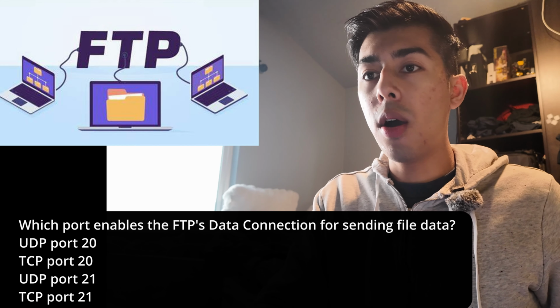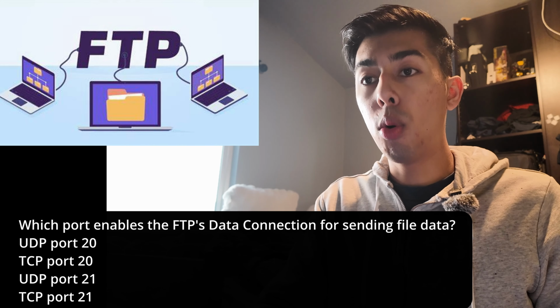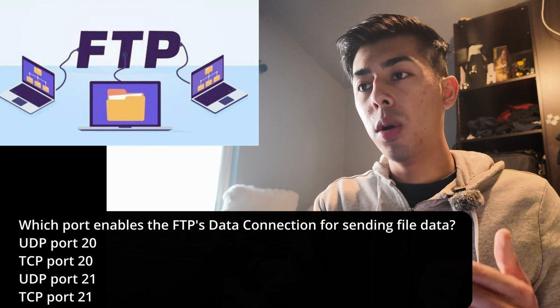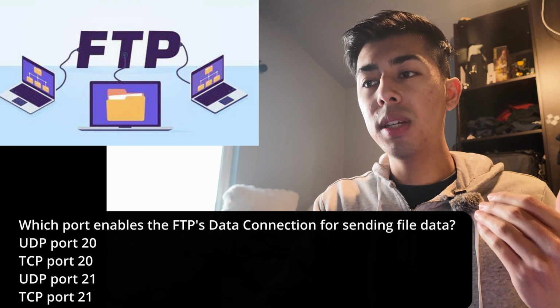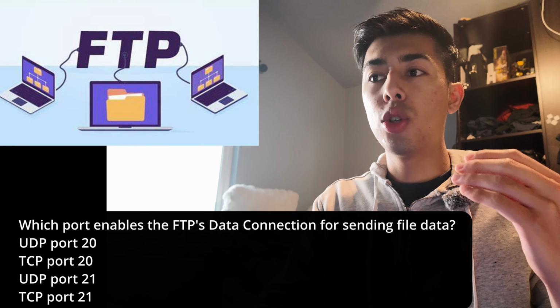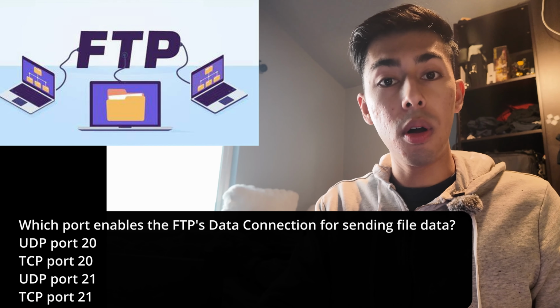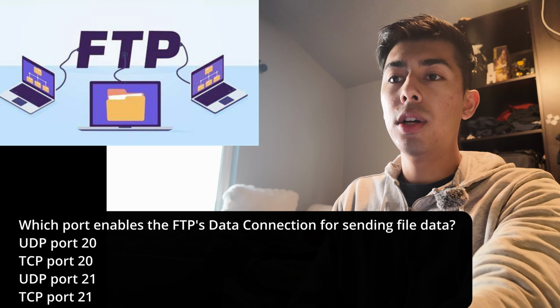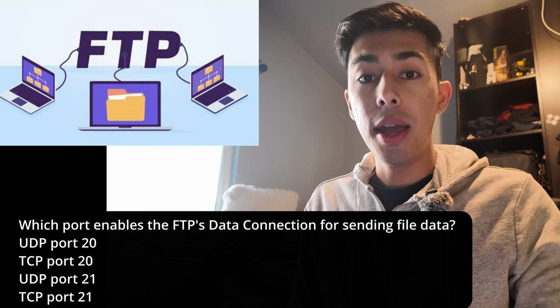Now, what about TCP port 20 and TCP port 21? If you don't remember, we've talked about this a little bit in the previous videos, but TCP stands for Transmission Control Protocol, and it really governs how data is sent over the internet. So we have port 20 and we have port 21.